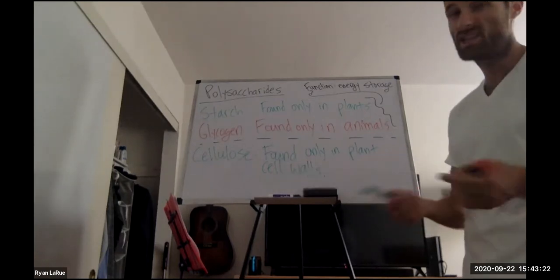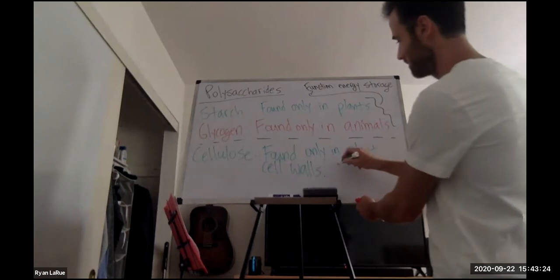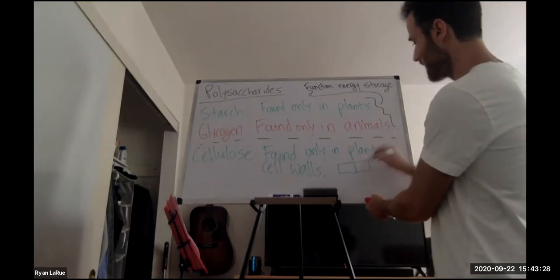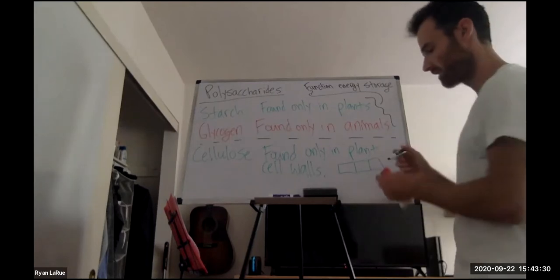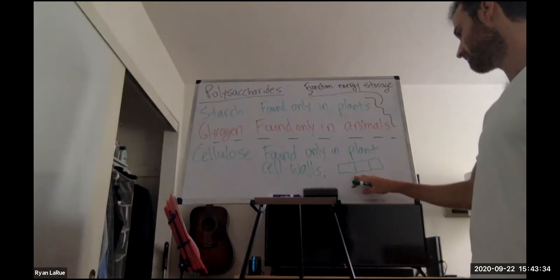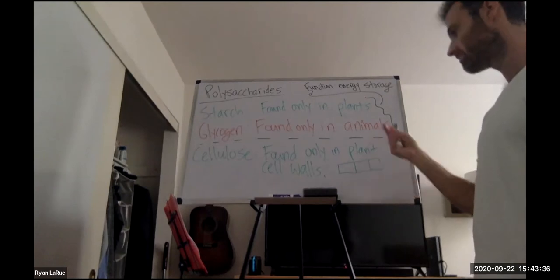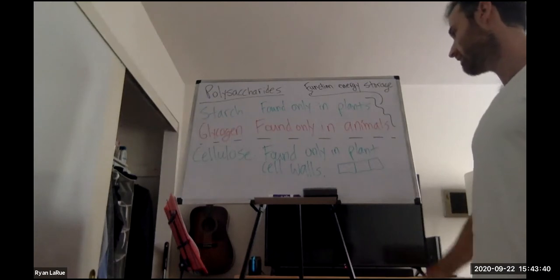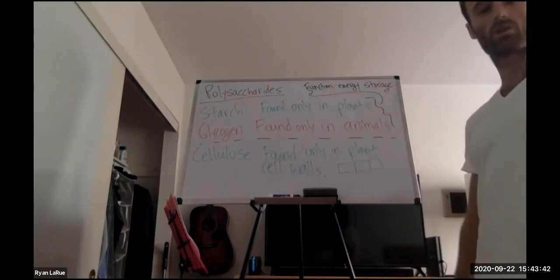Plant cells look more rectangular, like bricks, which allows them to stack on top of each other to form a strong structure. And it's because of the cellulose in the cell walls.